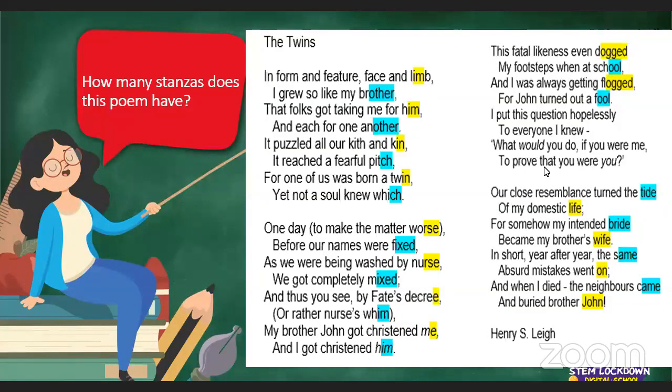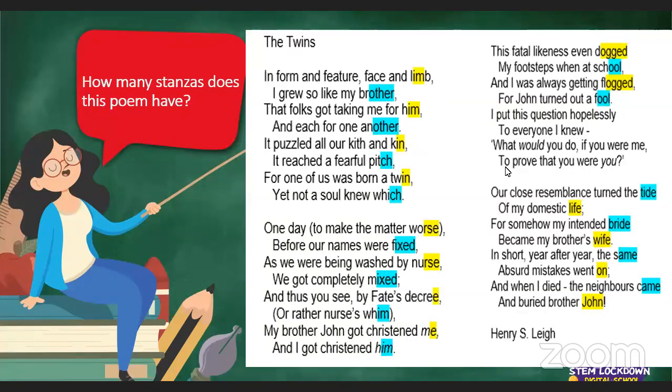This is someone who is just sharing their experiences about being a twin and how he always got into trouble or always got the short end of the stick because of his brother.